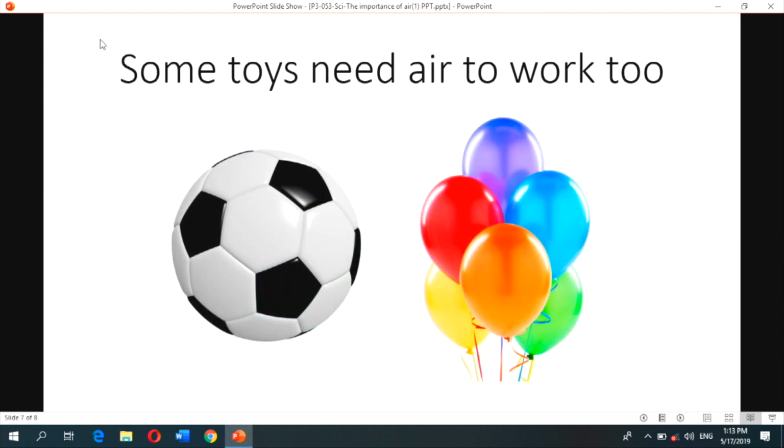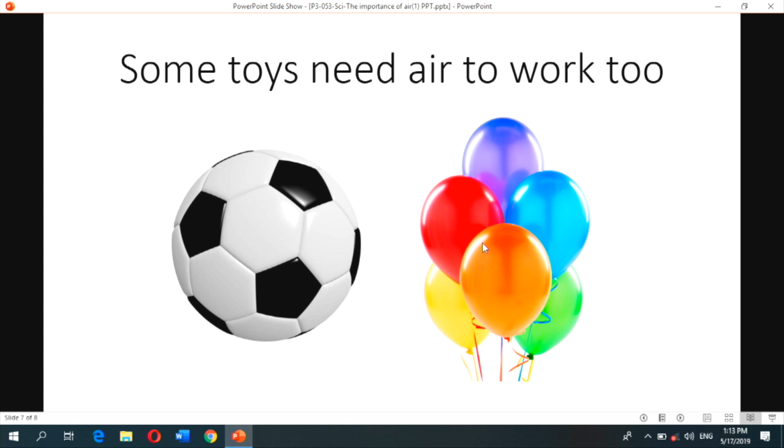Some toys need air to work too. Yes. What can you see here? Football. And here, balloon. But you see a balloon with no air in.